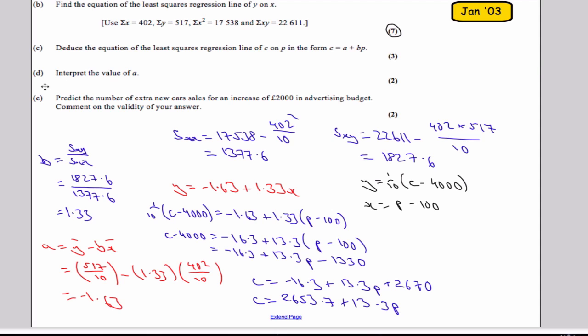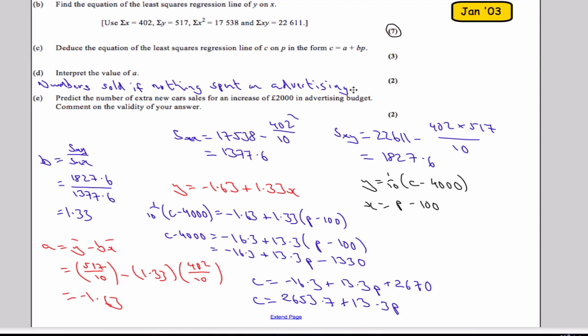So it's the numbers sold if nothing spent on advertising. That's probably for 1 mark.